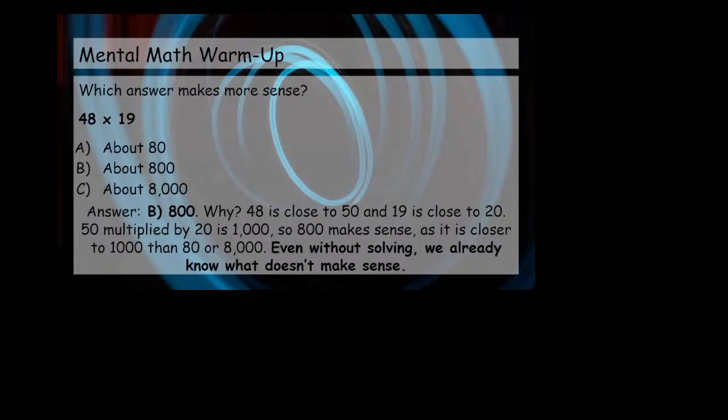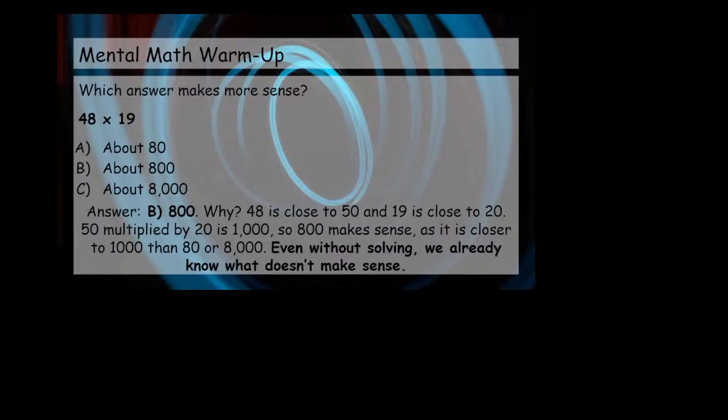Why? 48 is close to 50 and 19 is close to 20. So if we round up 48 to 50 and 19 to 20, 50 multiplied by 20 is 1000. So the 800 makes sense as it is closer to 1000 than 80 or 8000.